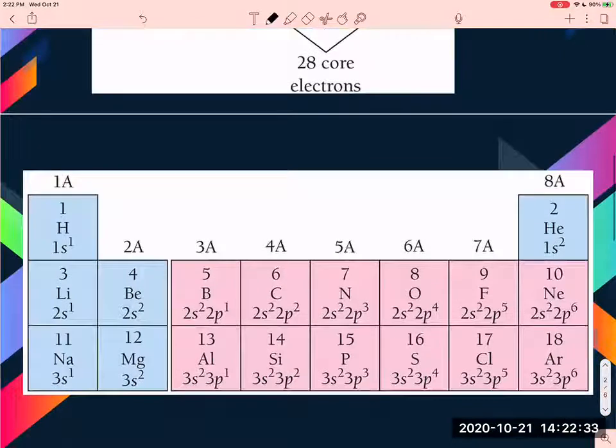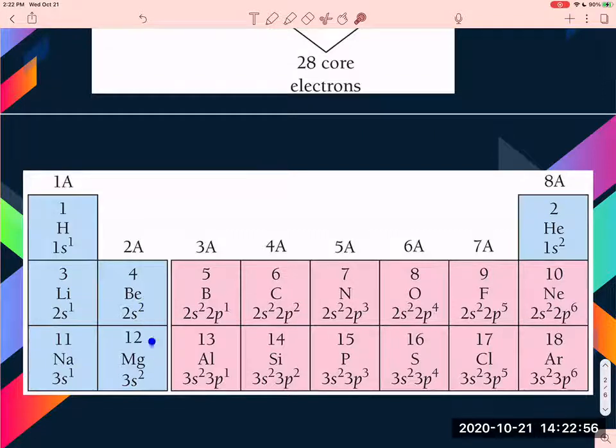Another way to kind of cheat your way through valence is to look at the group. So if you look at the electron configuration of the valence shell essentially, see how these have 1 valence in group 1?